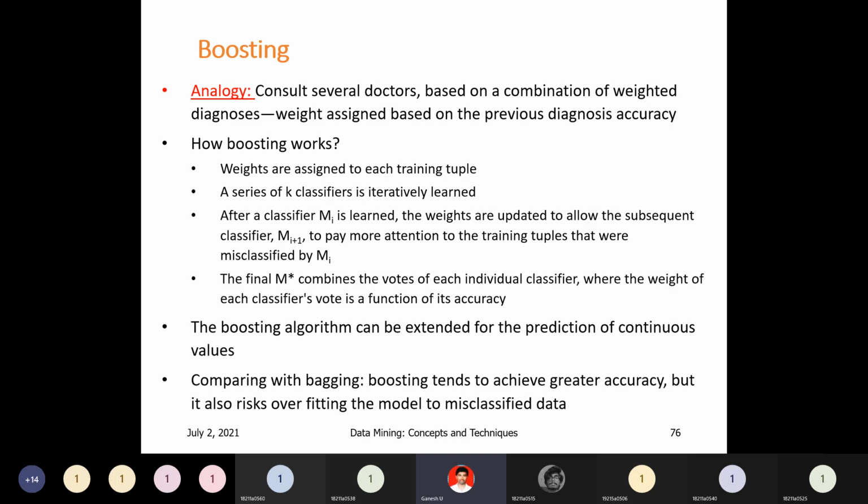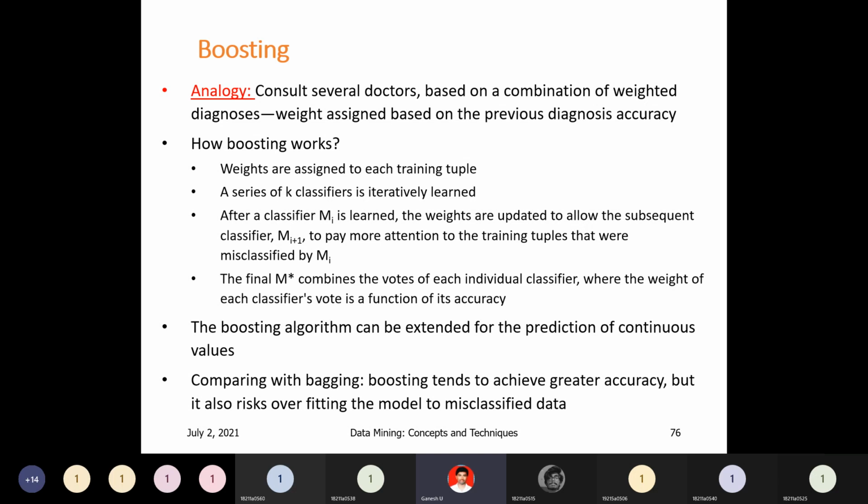But the problem is overfitting the model to misclassified data. Model overfitting means you apply M1 and get some results, and then for the same elements you apply the model a number of times.